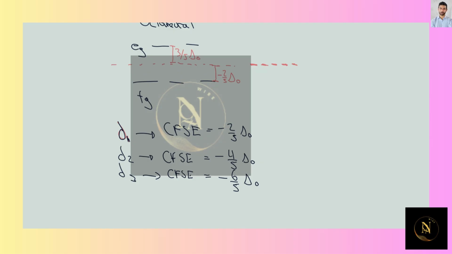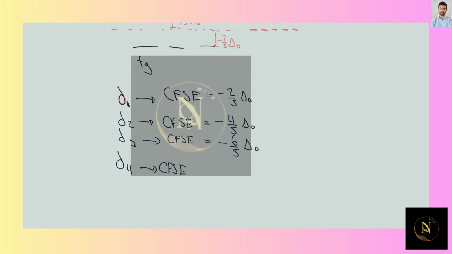Now, for D4, the crystal field stabilization energy is going to depend on if we have a low spin or a high spin configuration. So I'm going to write down first the high spin case. This would be 3 times minus 2 over 5 delta naught plus 1 times 3 over 5 delta naught, since in this case, for a high spin configuration, D4 would be the following arrangement: 1, 2, 3, 4.